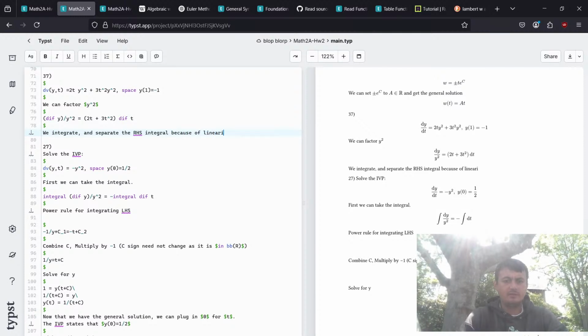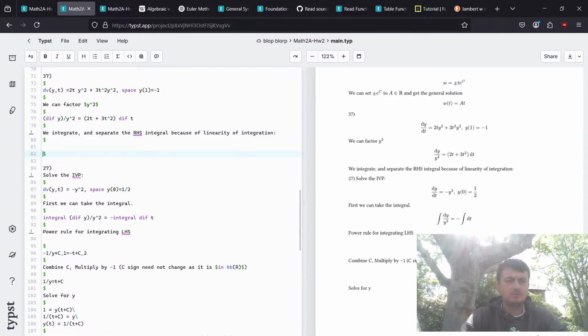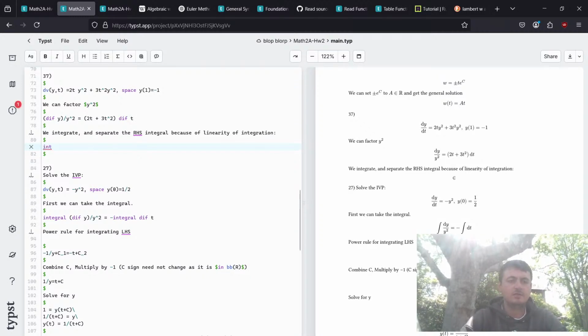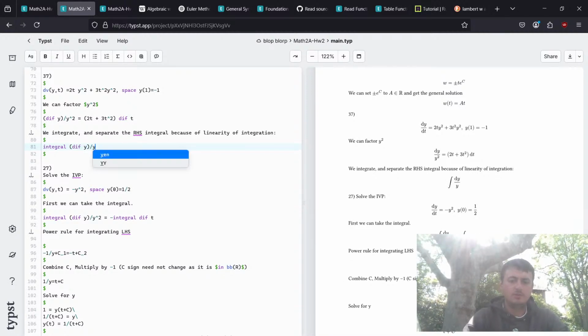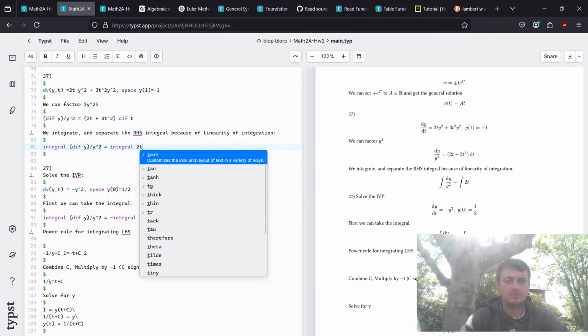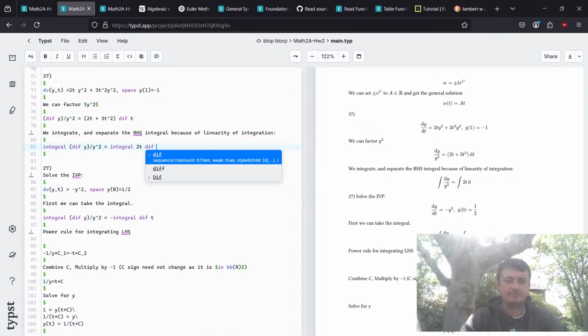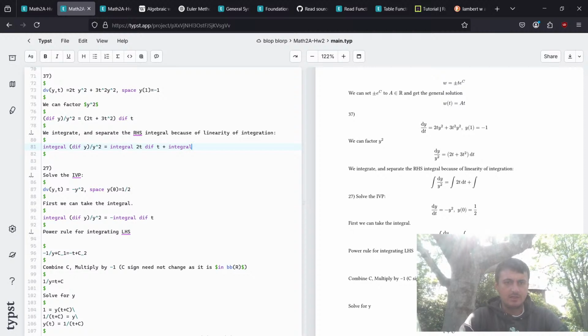So we're going to get, integrating 1 over y squared, the integral of dy over y squared equals the integral of 2t plus 3 times the integral of 3t squared dt.